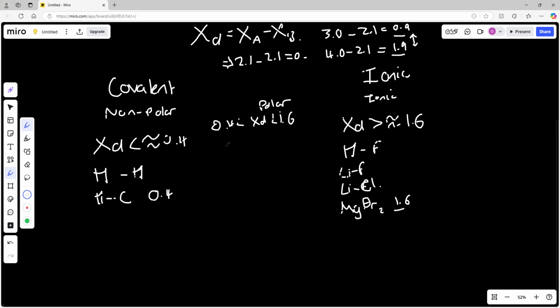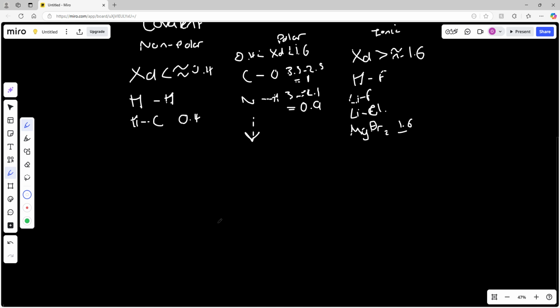So here we've got stuff like carbon and oxygen, which is 3.5 for oxygen minus 2.5 for carbon, which equals 1. Or we've got nitrogen and hydrogen, which is 3 for nitrogen minus 2.1 for hydrogen, which equals 0.9. So all these molecules are polar.